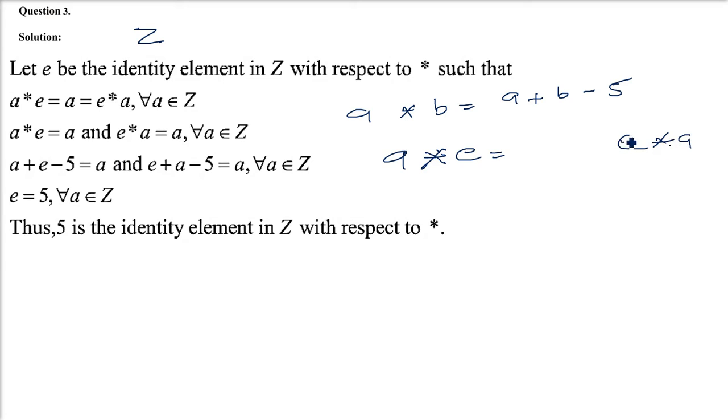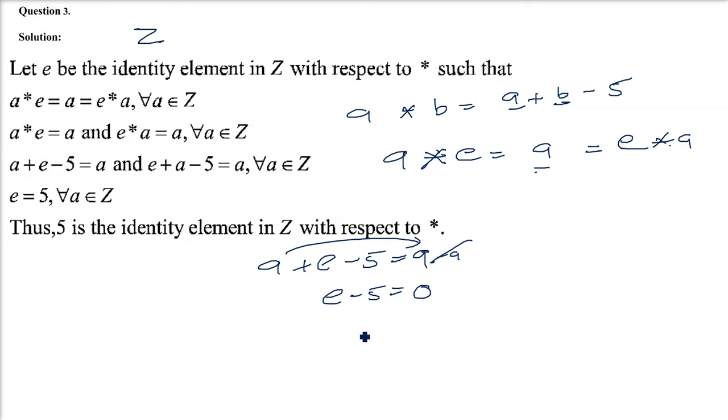Whatever you do, you should get this A back. So A star E is defined by A plus E minus 5. So in place of B, just replace it by E. So A plus E minus 5 equals, it has to be A. So A gets cancelled. E minus 5 equals 0. E is equal to 5.